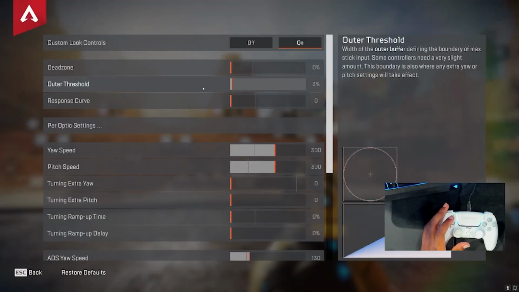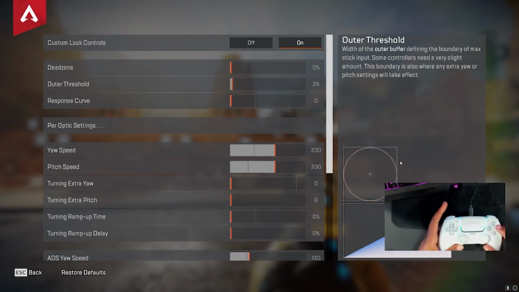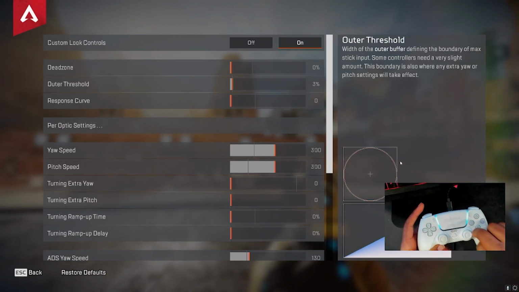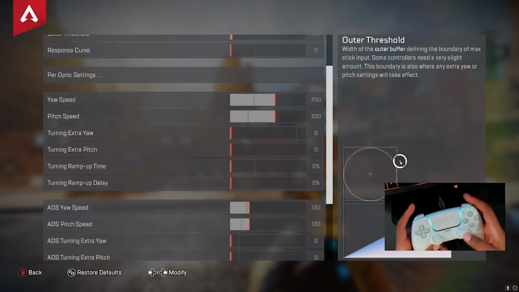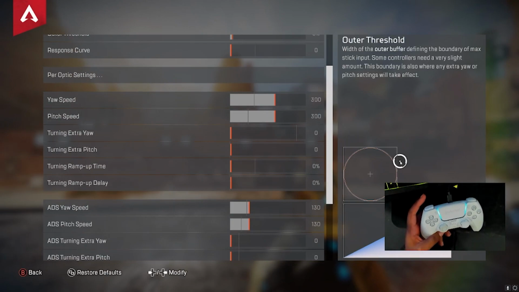Next is your outer threshold. The definition of a threshold is a level, rate, or amount at which something comes into effect. If you look back at the diagram, this blue outer ring is your max stick input. On your controller, it would be the boundary your right analog stick cannot go past.